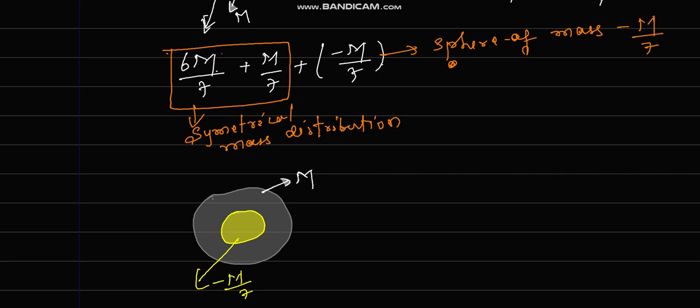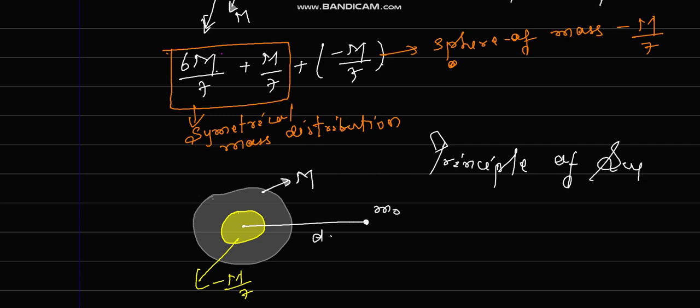Now we can figure out the force of gravitation here. So apply the law of superposition, or let's call it the principle of superposition. If you use this principle, we're going to end up with the following.